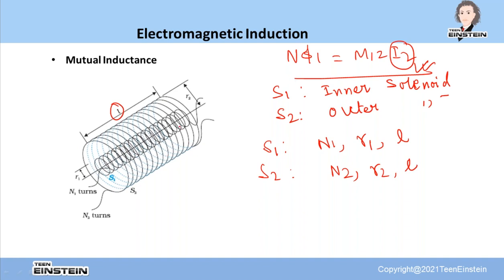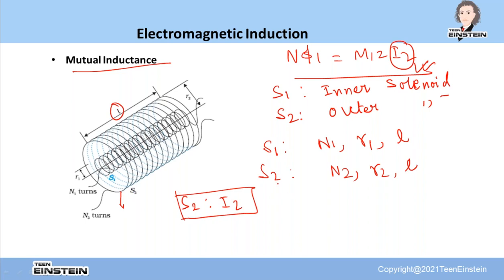Now we are just seeing the mutual induction. Mutual induction means I am just flowing a current I2 in solenoid S2, the outer solenoid.